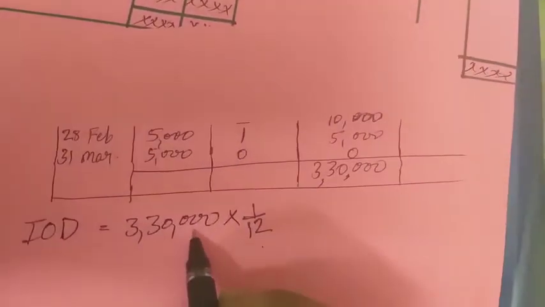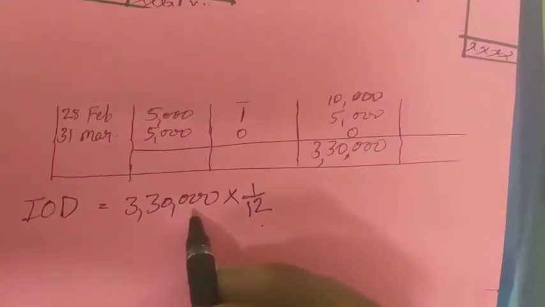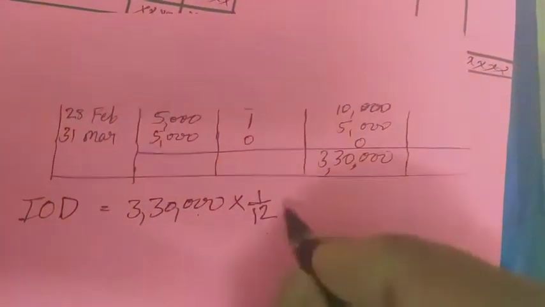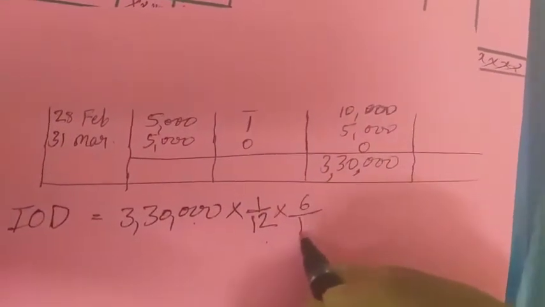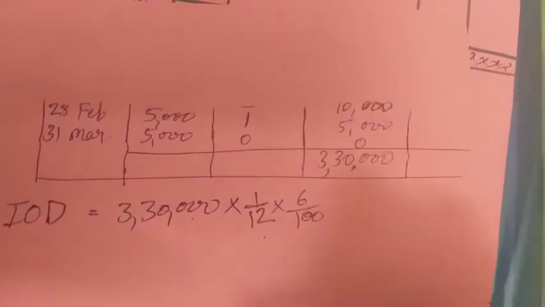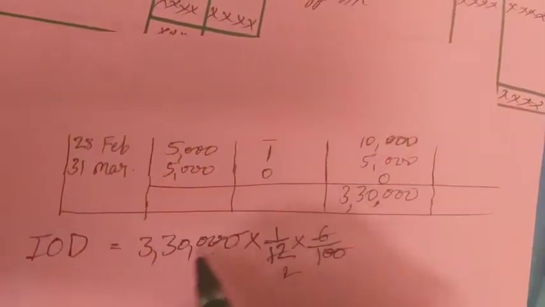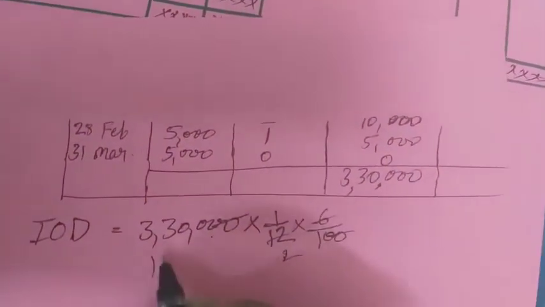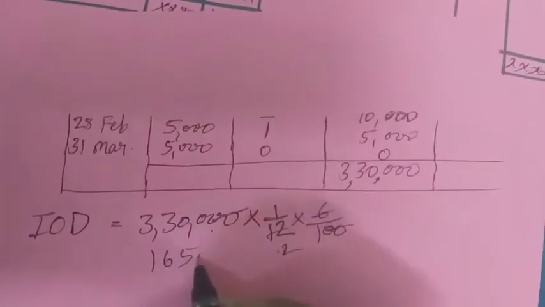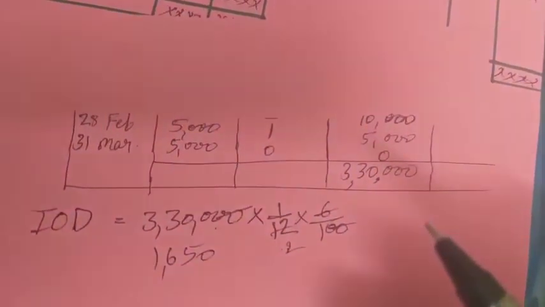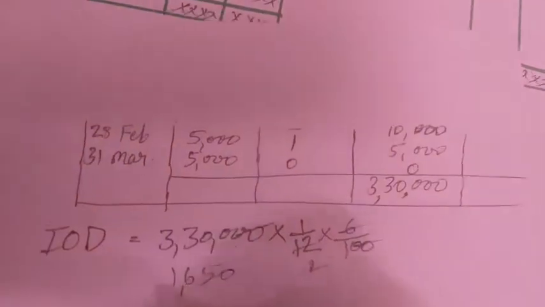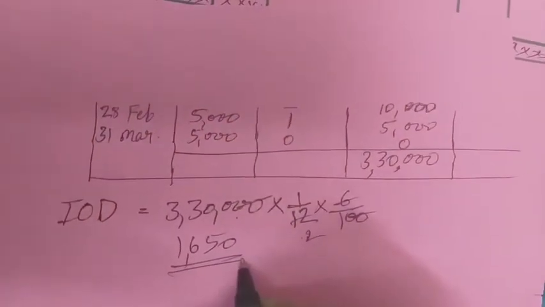So the total amount is this after the product, and then 1 upon 12, and the rate of interest is 6%. Okay, so then 6 to... 1,650 rupees will be the IOD for Rajat at the last.